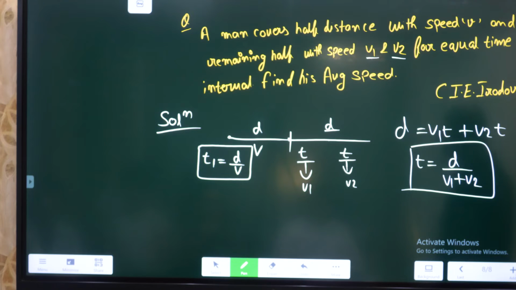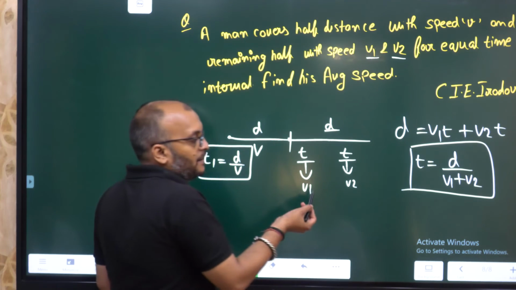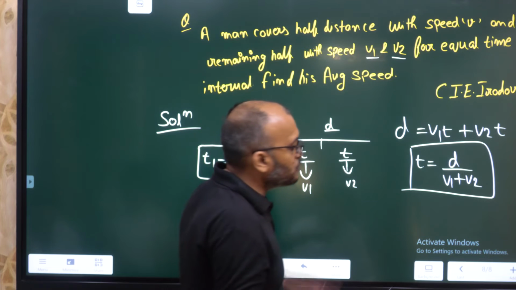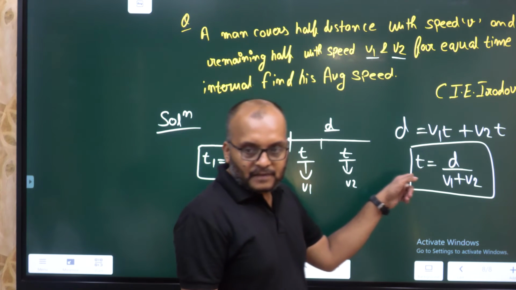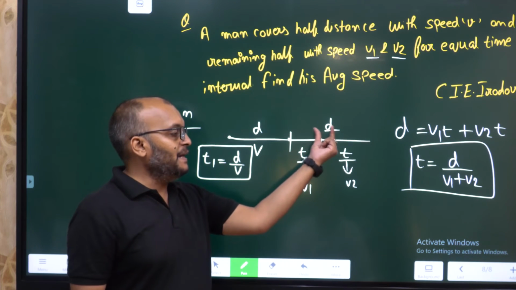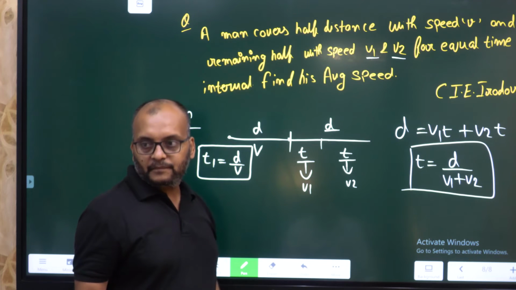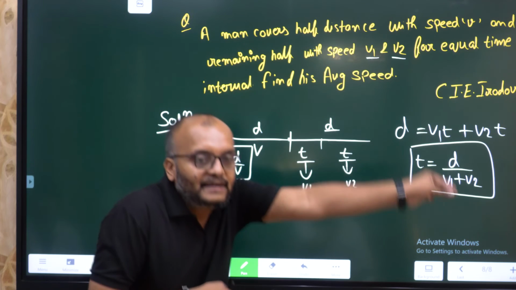That's the time. But my dear, this is the time when the body is covering only half of the distance. It is not covering the full distance. The full distance is covered in 2t time. So the total time taken by the man to cover this remaining distance d is 2t. It is not t, because he is moving for t and t.